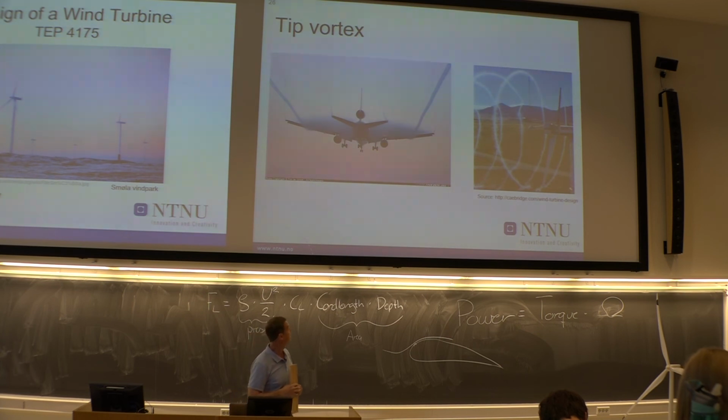This airplane has a winglet, and that's why you see that the vortex coming from that tip is small compared to the tip of the flaps, which is coming at the trailing edge. Because the flaps look like this, and it's coming here. And you see to the right, that's the tip vortex from a two-bladed turbine.